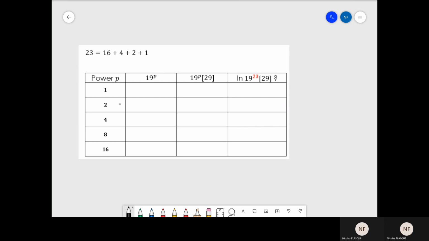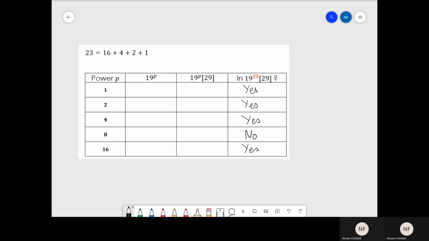We'll have to calculate all of them, but we won't use all of them for the final result. So power 1 appears in the decomposition of 19 to the power of 23 modulo 29. So yes, 2 appears as a power, 4 appears as a power, 8 doesn't appear as a power, and 16 appears in the exponent. So this is the first thing to do.